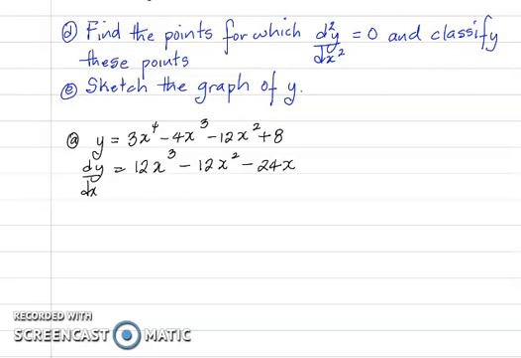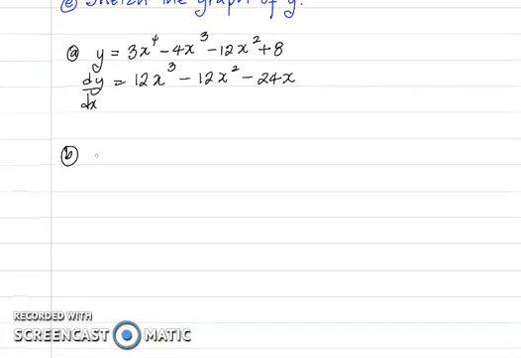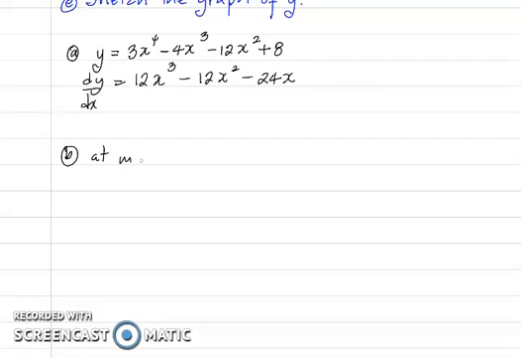So that is A. Now B says that we are to find the coordinates of the stationary points. And so we know that at maximum and minimum, that's where you have your stationary points.